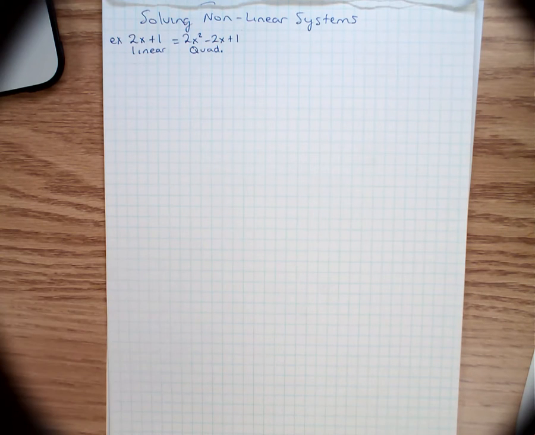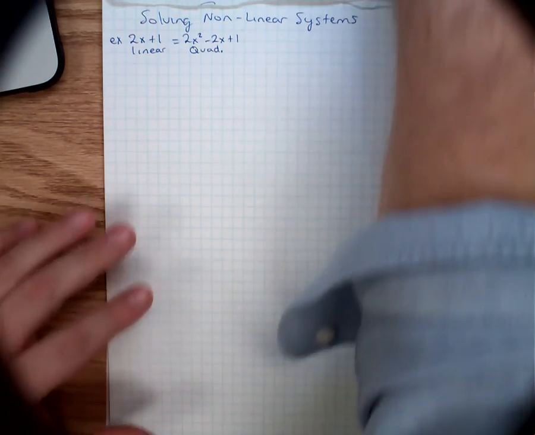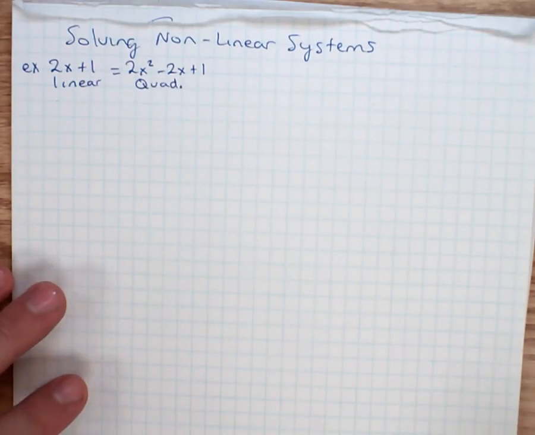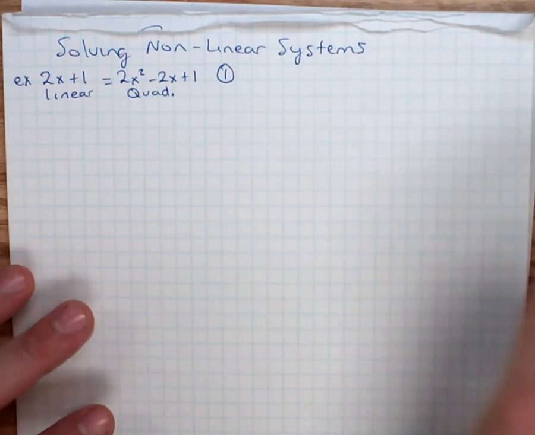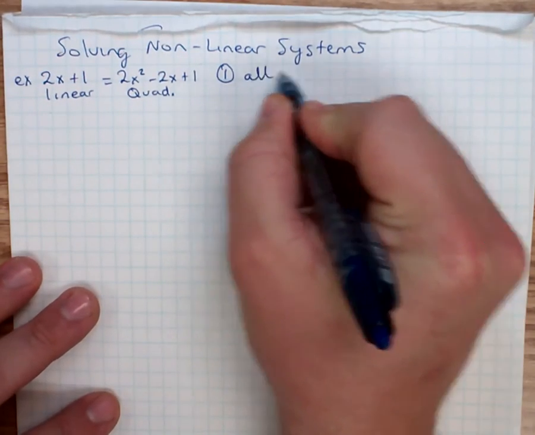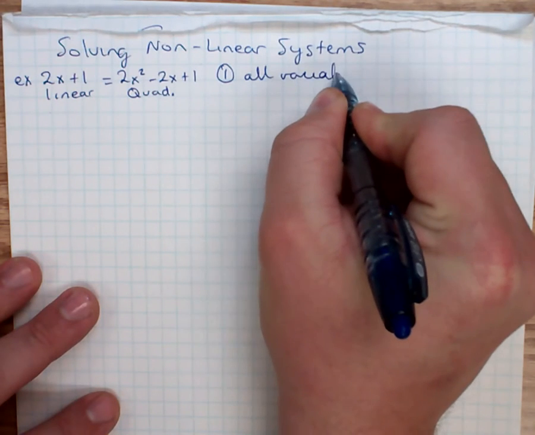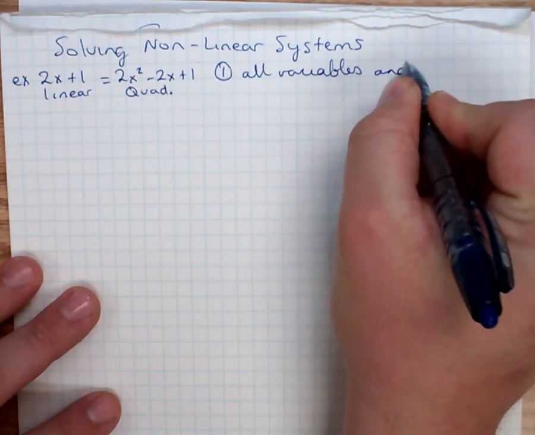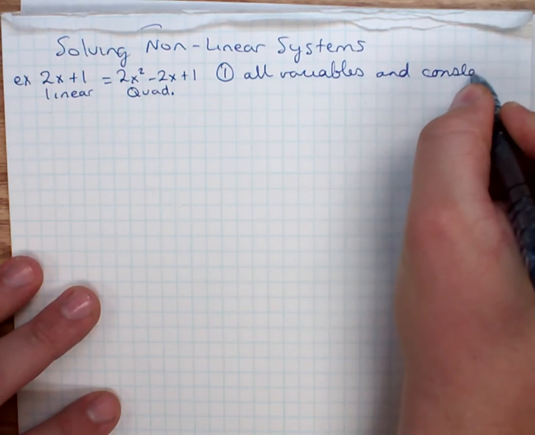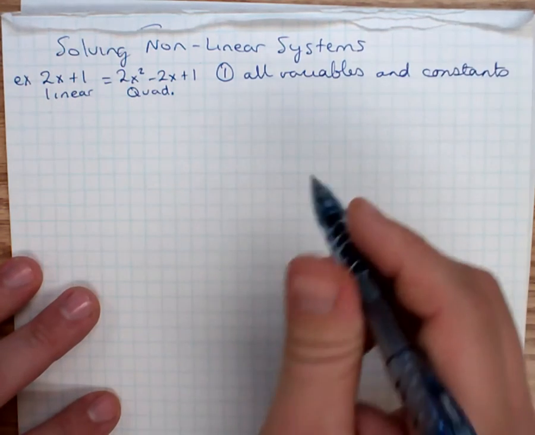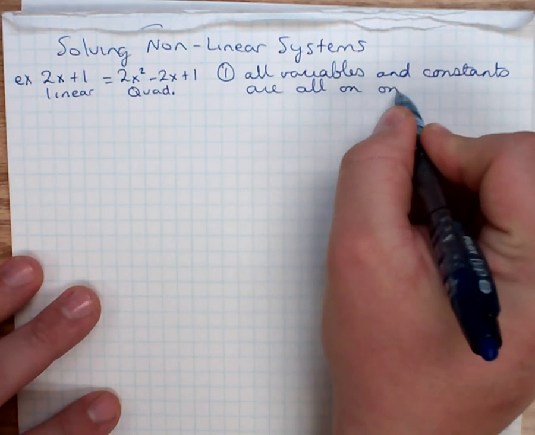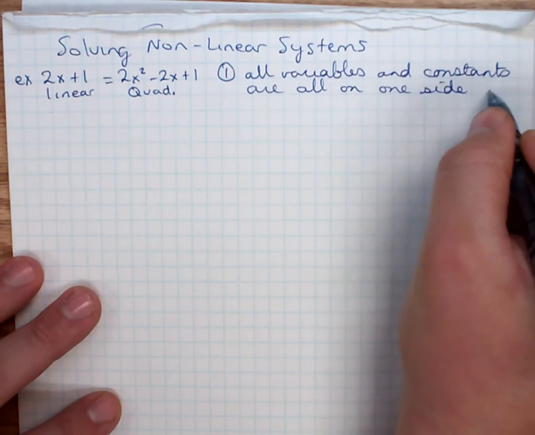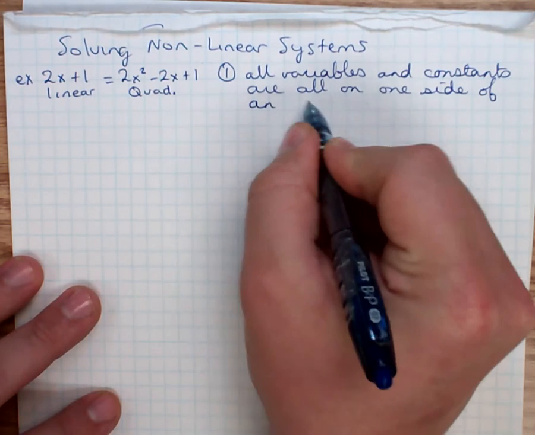In the conversations, what's the first thing I have to do? Move everything to one side. That's correct. All variables and constants are all on one side of an equation.